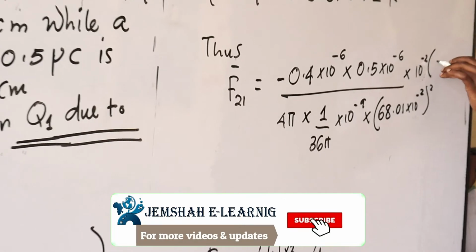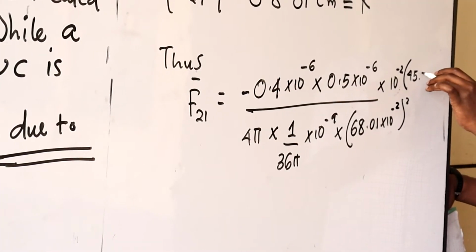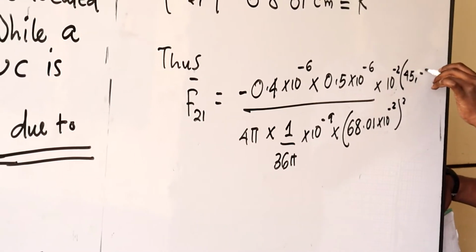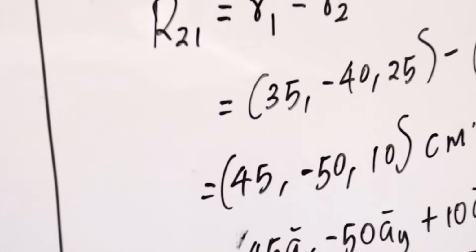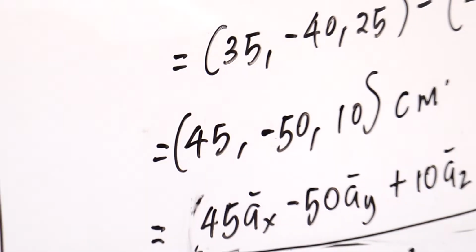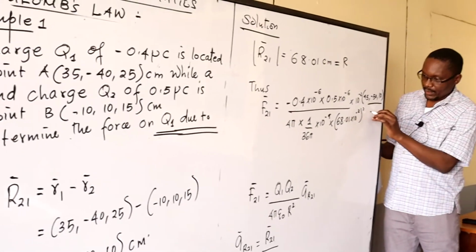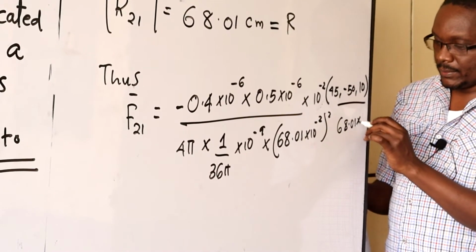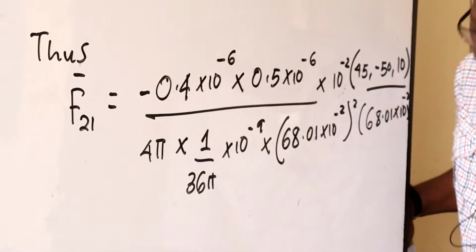And we have 45, comma, minus 50, comma, 10. Close that. That is over another 68.01 times 10 to power negative 2. This is the magnitude that is supposed to replace this.